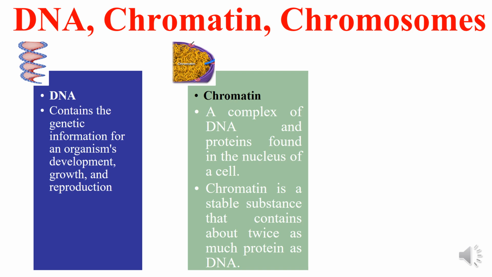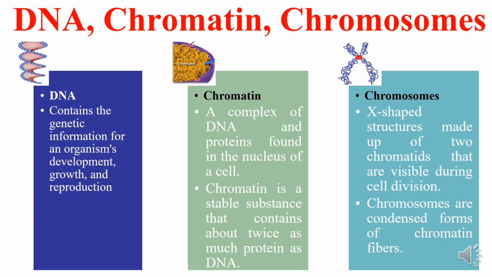Chromatin is a stable substance that contains about twice the protein as DNA. And chromosomes are egg-shaped structures made up of two chromatids. They are visible during cell division. Chromosomes are condensed forms of chromatids. So this was the relationship between DNA, chromatin and chromosomes.